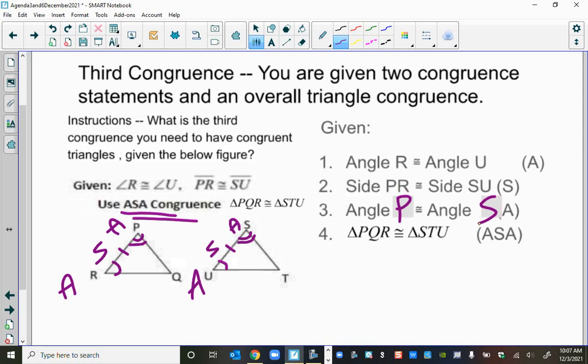However, the next one's going to be a little different. And I noticed some of us were filling in blanks. Now with angles, how many letters do we need for an angle? 1, 2 for a side. Now, could we have 3 letters for an angle as well?